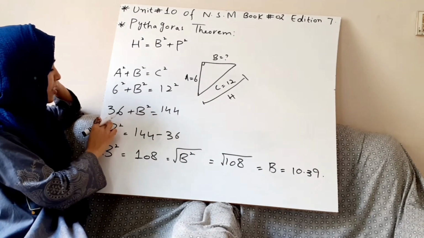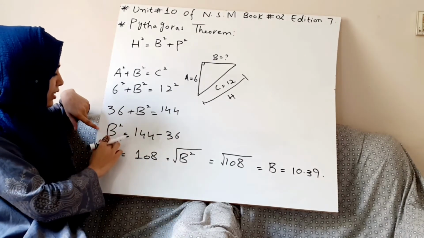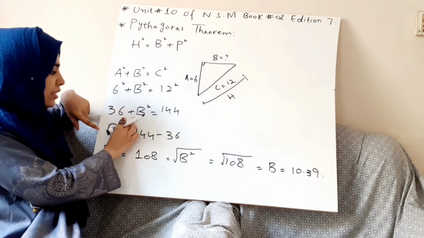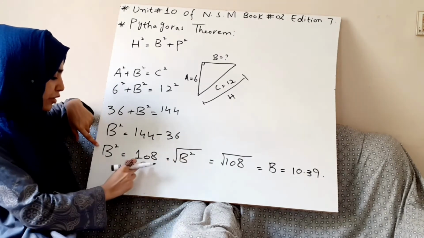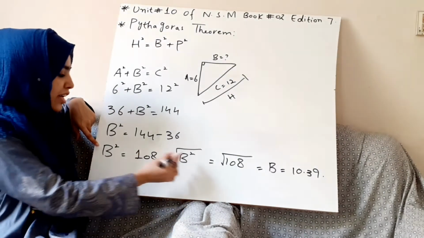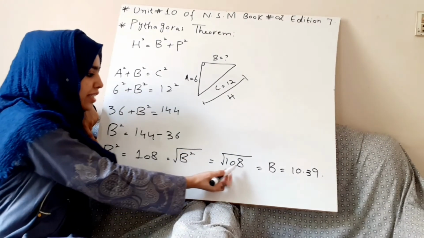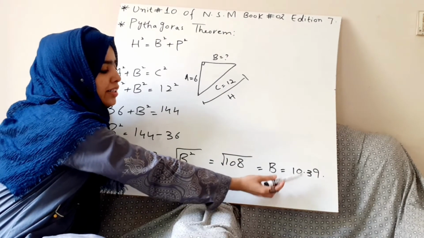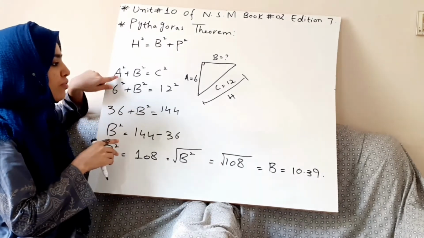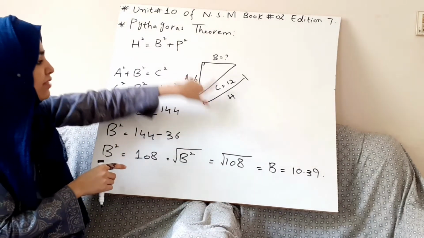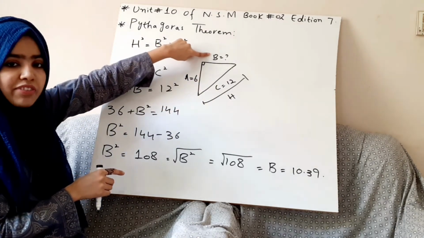So after taking squares, 36, it will be 144, and then we have to find this B. 144 minus 36 equals 108, and when we remove the square by taking the positive square root, it will be B equals 10.39. So that's another example. In the previous one we had to find the hypotenuse, but in this we are given the hypotenuse, and we have to find this B, and we have found it.